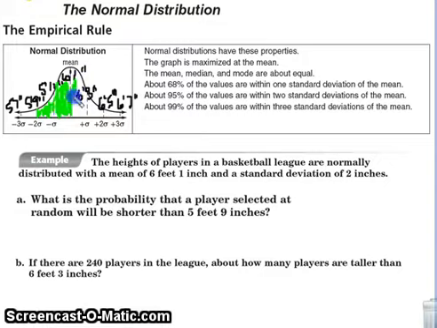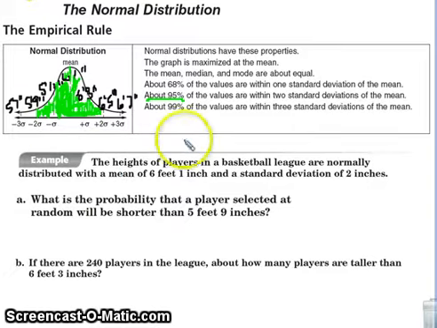It's going to take us to 5'9". And the area between these two is what percentage? If I go from 2 standard deviations, right? 2 standard deviations is going to be 95%. But I only want from 5'9" or below.